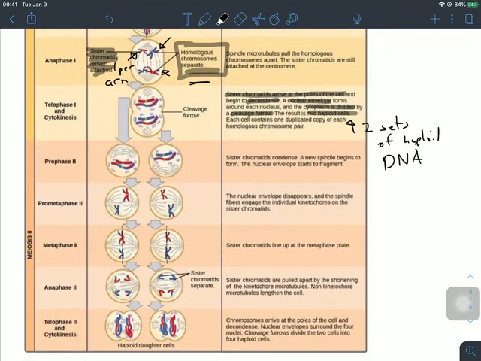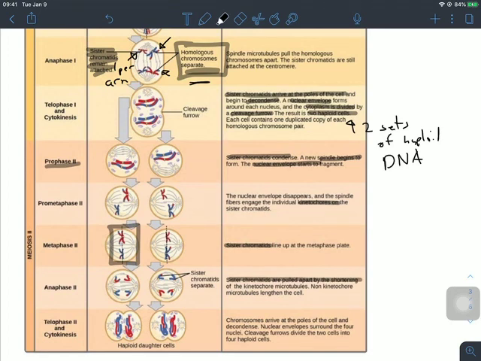Now, after telophase 1 has finished, you will go back through the entire process again. Prophase 2, sister chromatids are condensing, new spindle, nuclear envelope going away. In prometaphase 2, the kinetochores are attaching, then your sister chromatids are lining up. Now you're lining up in such a way so that each of the sister chromatids will separate.